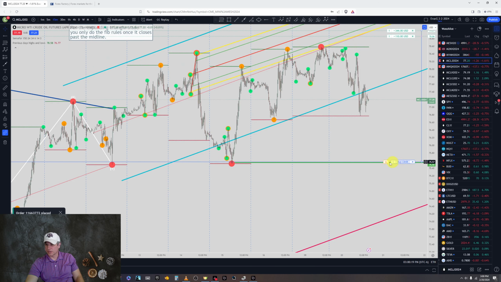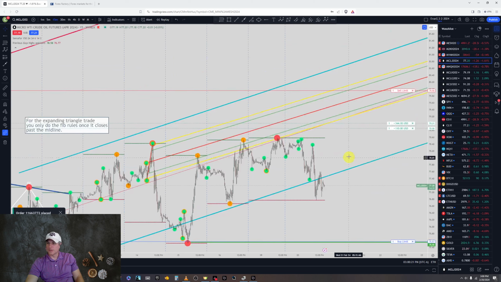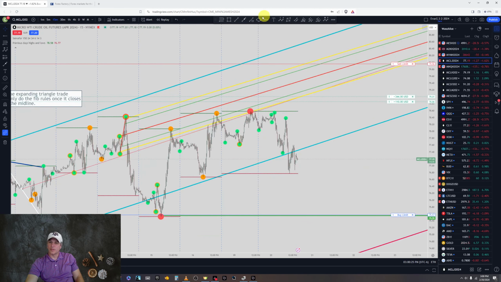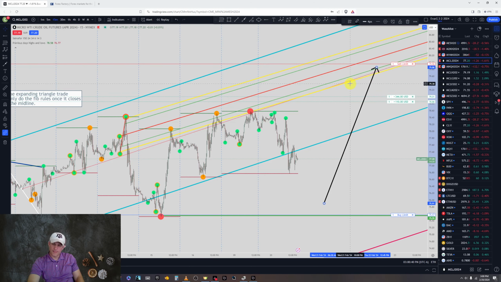So price comes down here, look to go long right here. If price goes down here and hits that, look to go long and take it pretty high up there, closer to that up there.